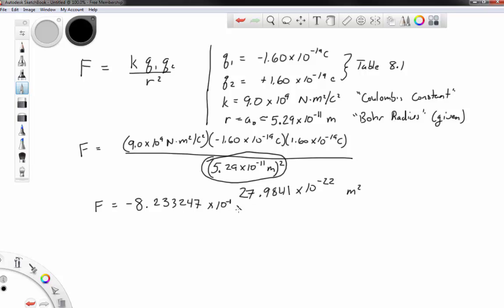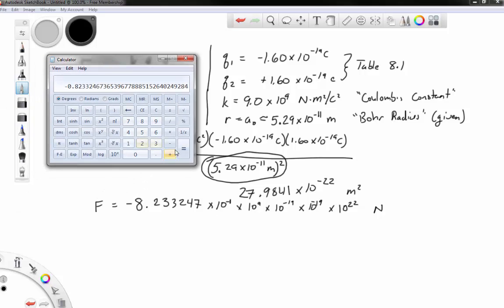Alright, and now let's include all these other factors of 10. So I've got that times 10 to the 9 times 10 to the minus 19 times 10 to the minus 19 again, times 1 over 10 to the negative 22, which is the same as having 10 to the positive 22 here. So I need to do some addition with these powers of 10. Basically I have minus 1 plus 9 minus 19 minus 19 plus 22. So let's pull up the calculator again.